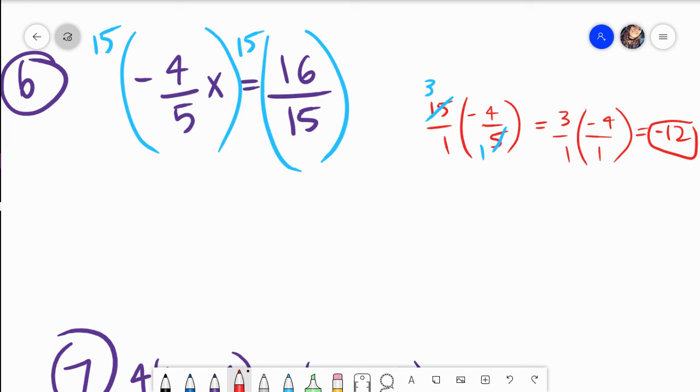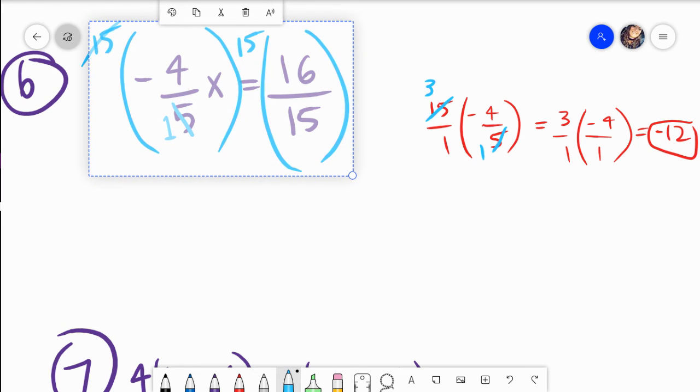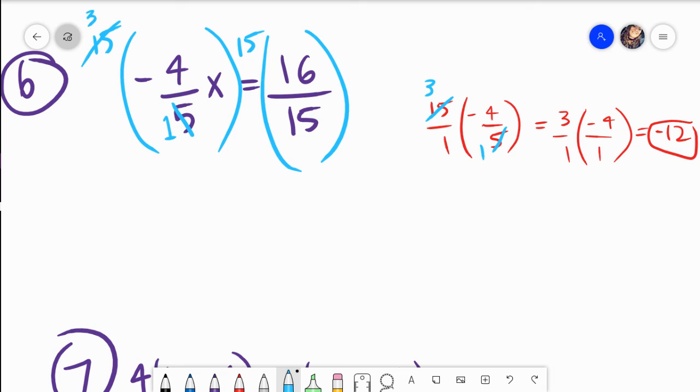But I'm going to do it slightly different right here, okay? So looking at my original fractions, I've got 15 multiplying this fraction. I'm just here going to go ahead and do my division or reducing, right? I'm reducing. And what I get is my 3, and then in parentheses, I have a negative 4x because that 1 on the bottom, you don't have to write that, right?